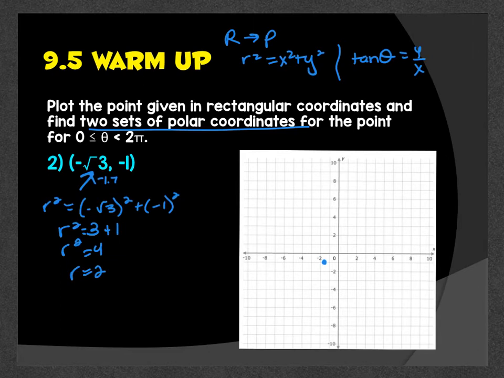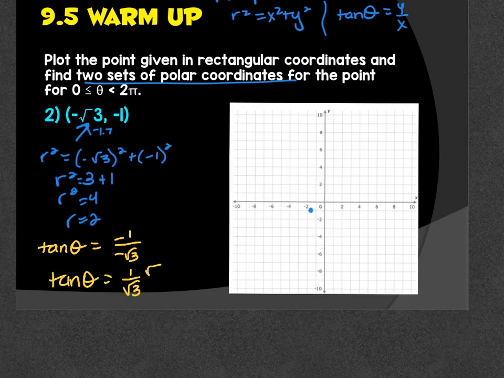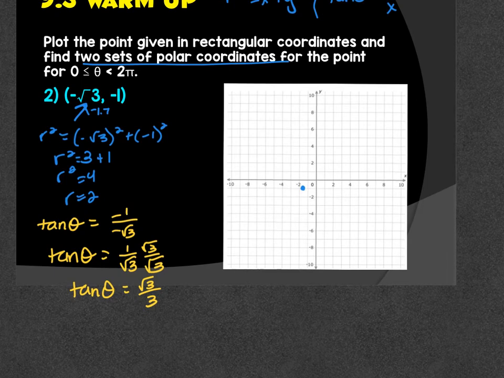That's the first part. Second part is your theta. Tangent of theta would equal negative 1 over negative root 3. So tangent of theta would equal 1 over root 3, which gets rationalized to root 3 over 3. Now, if I had my unit circle, I would hopefully remember that root 3 over 3 happens at multiples of pi over 6, right? Because we need 2 3's to make a 6.